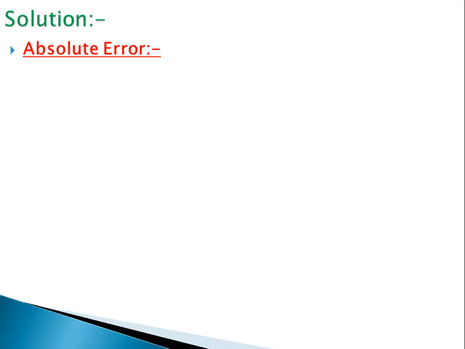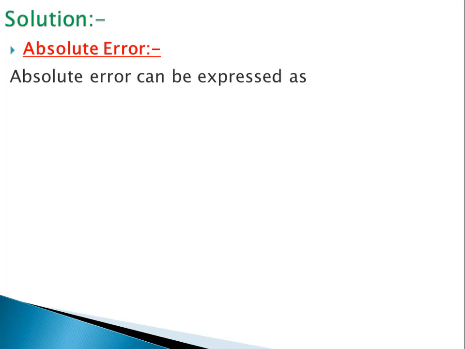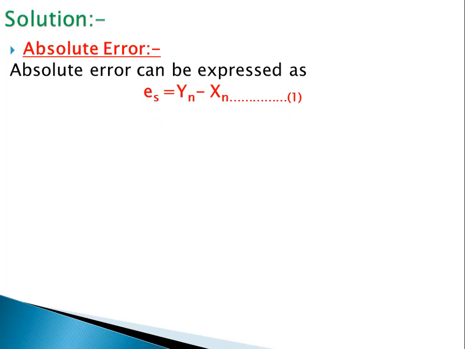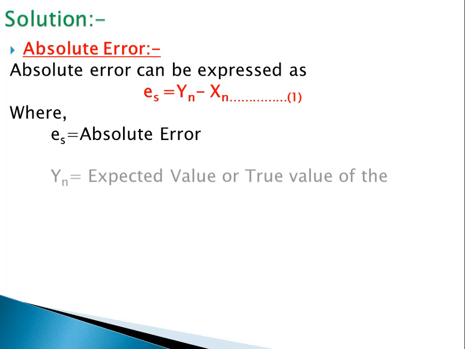We know that error can be defined as the difference between the true value of the quantity and the measured value or observed value of the physical quantity being measured, so it can be expressed as es = Yn - Xn, where es is called the absolute error. That means here absolute error can be denoted as small es.